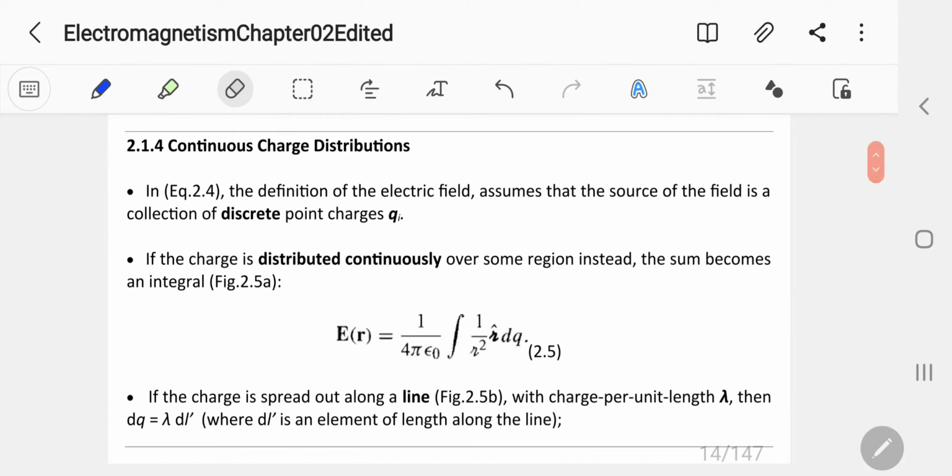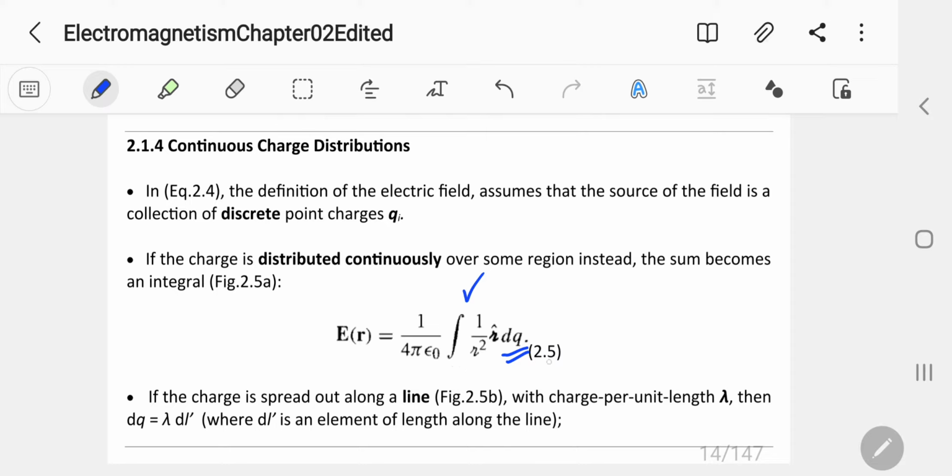So for continuous charge distribution, the distribution of the charges now is not discrete. So your summation sign will be changed to an integral, and you now have to pick dq as the charge that would give out the electric field.